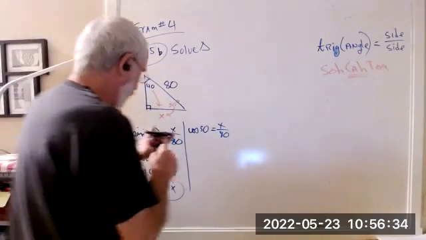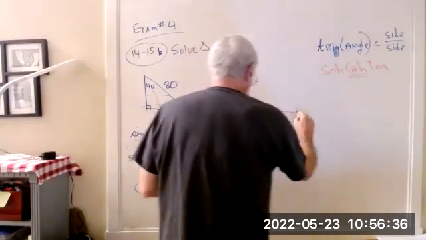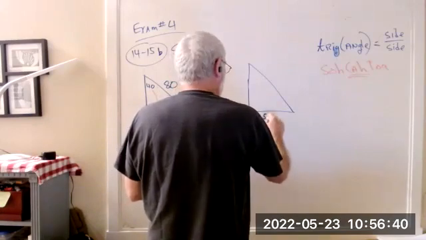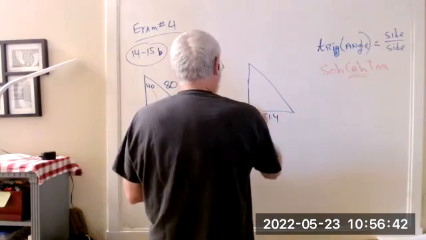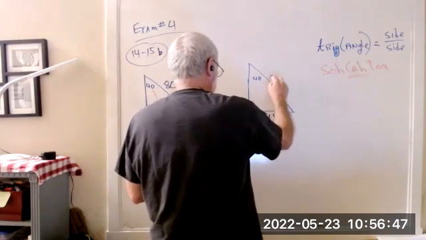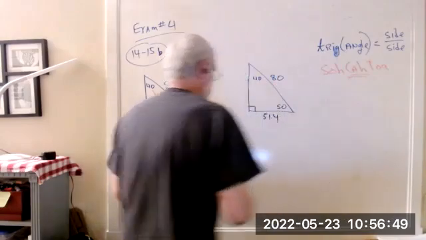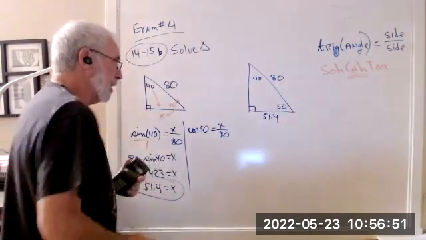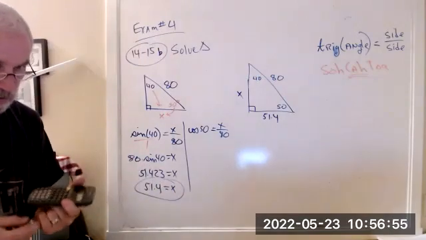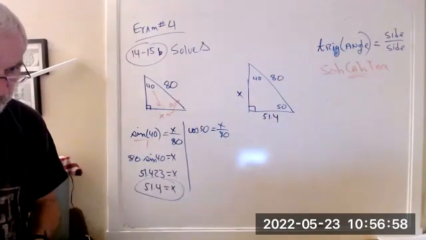Okay, so let's look at the picture. What do I have here? I've got 51.4. This is 50. This is 40. This is 80. I still need to find this side. Two ways I can do it.